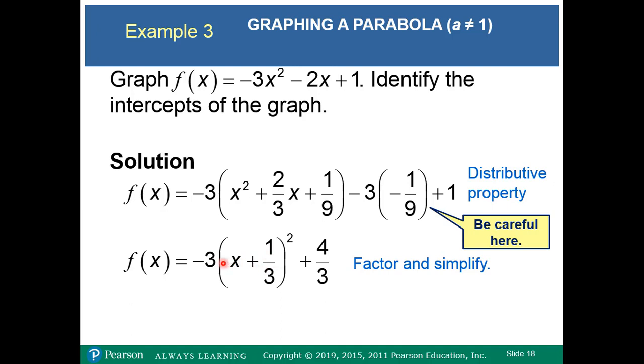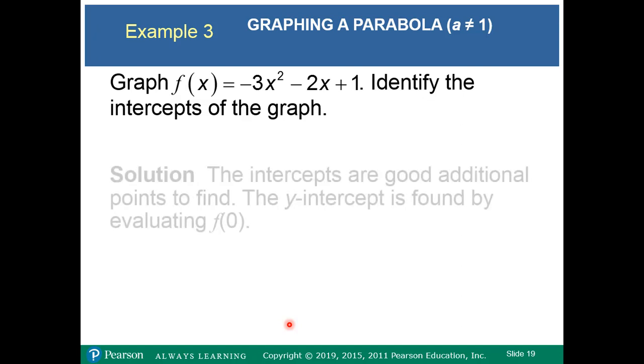Actually, it's going to be 1/3, -1/3, and then you're going to get 1 here. So the vertex, looking at this form, this is going to be minus, so this is going to be -1/3, comma, 4/3. So this is the vertex. So the axis of symmetry is located at x equals -1/3.